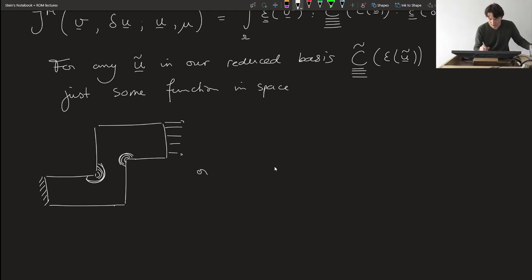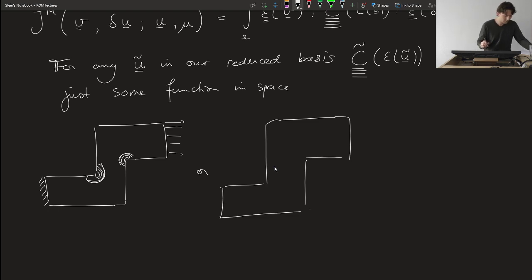Or, again, the same bracket, but we might have a rolling support now, and suppose that we're pressing it on this side. And we're also pinning it here. So you might get all kinds of plastic deformation again around this corner, but also on this edge due to bending, and maybe also here.